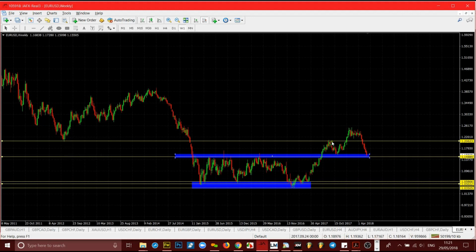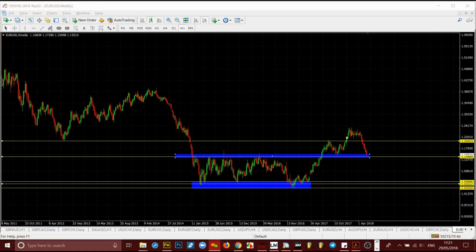A resistance. Why? Because it became a ceiling to price. And why did we call it a ceiling? Because it got there and then fell. Now when price got back to that place, what did you notice? This is another concept. It broke out of that line that was once support and once resistance.